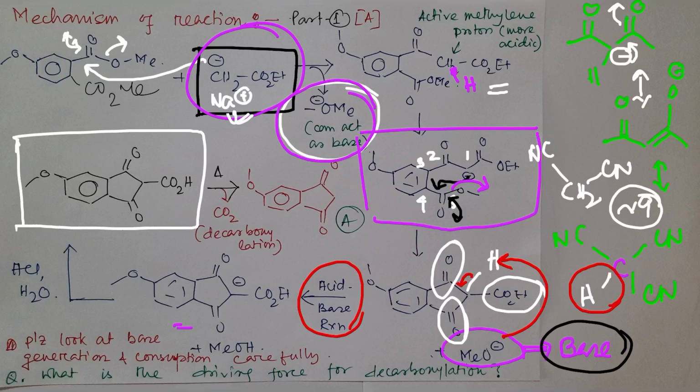Fine, this carboxylic acid undergoes facile decarboxylation upon mild heating. Why? Remember, heat is essential. Okay, and why? Because if you look at the molecule carefully, this is the alpha position of the carboxylic acid, this is the beta, this is the beta also.